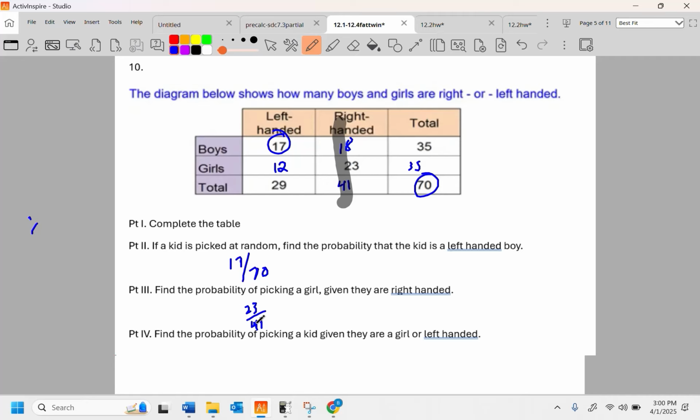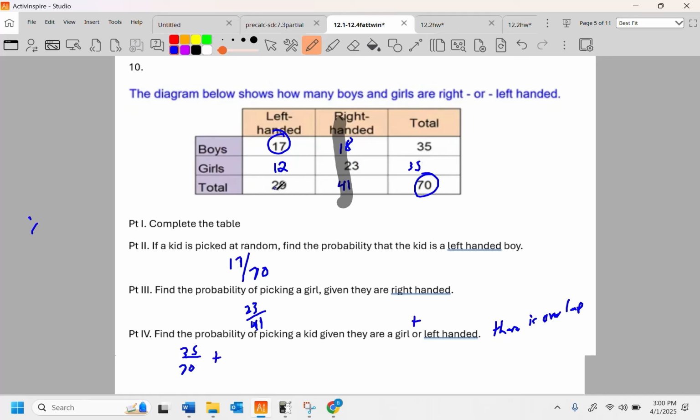Find the probability of picking a kid given they are a girl or left-handed. A girl or left-handed. Now I want you to note that there is overlap. There is such a thing as left-handed girls. You can be a girl and also left-handed, so you have overlap. So the probability of being a girl is 35 in 70. And then we have the word or, which means plus.